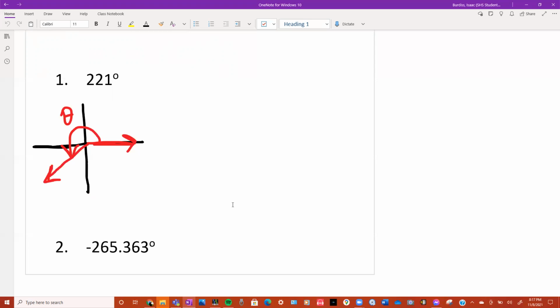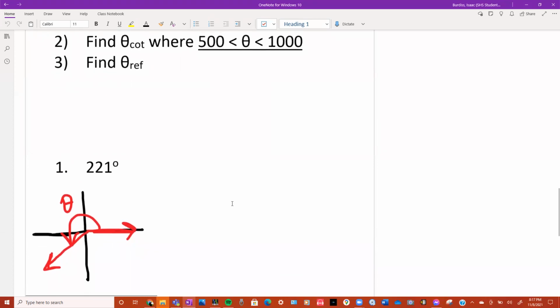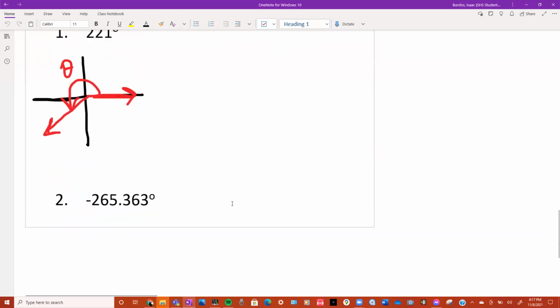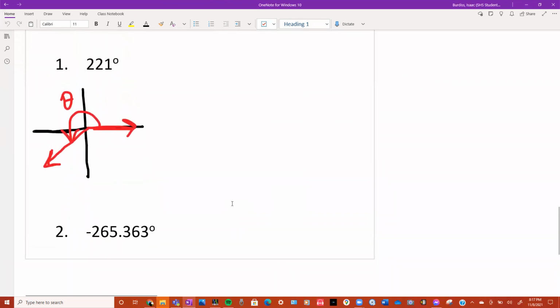Now, coterminal angle. There could be more than one. In this case, yes, but it has to be in between 500 and 1000. So 221 is not in that. So we're going to have to add 360. So I'll just go ahead and say coterminal angle. 221 plus 360 is 581.